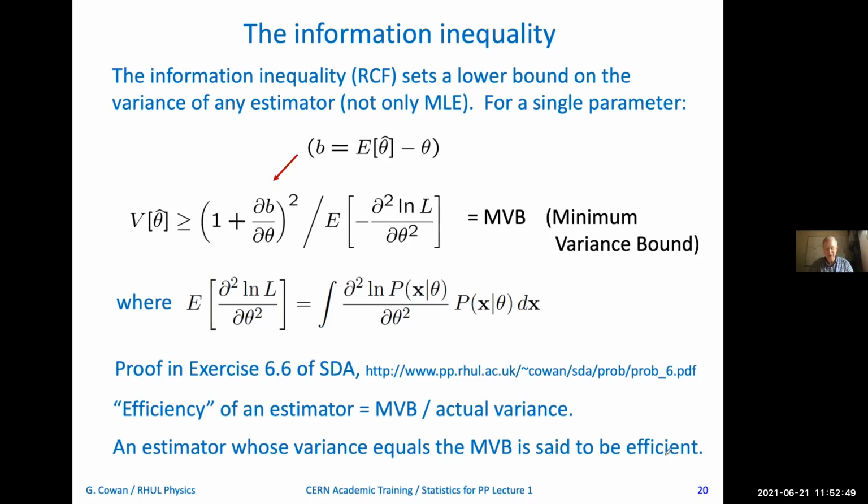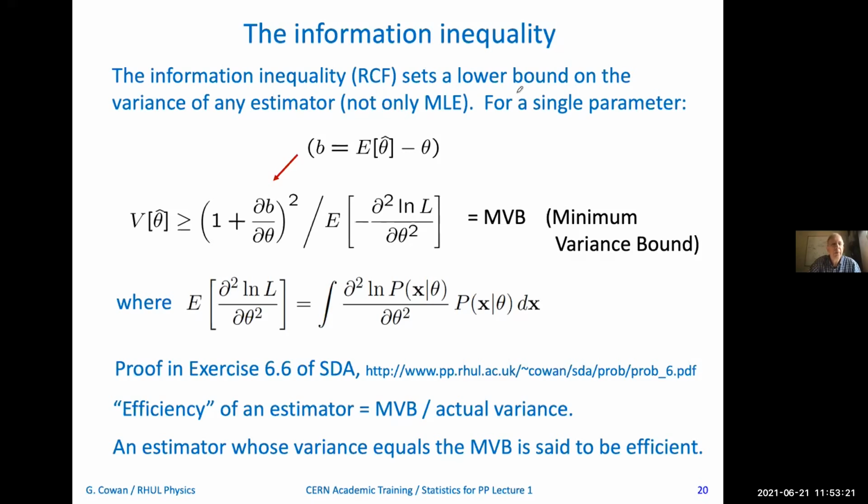The mathematics is too difficult to even write down the MLE in closed form, and we're certainly often not going to be able to write down a closed form expression for its variance. And so there is a simpler procedure that I want to introduce. To do that, I want to start by introducing something called the information inequality. This is sometimes called the RCF, or Rao-Cramér-Fréchet inequality.